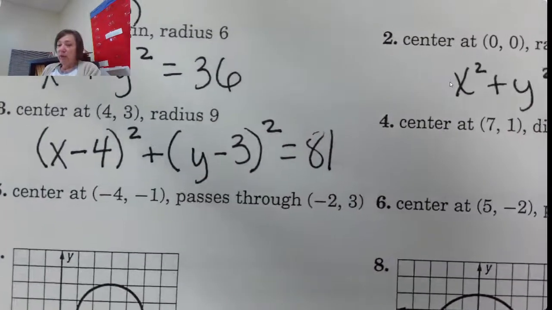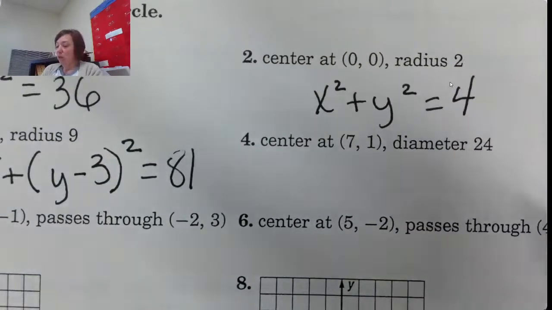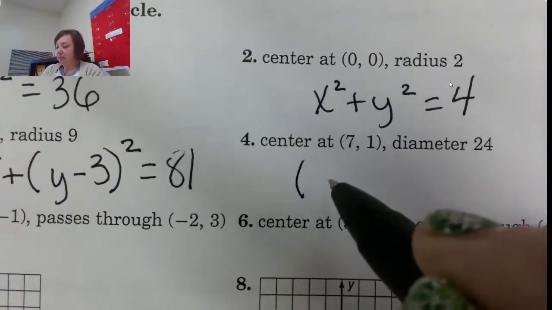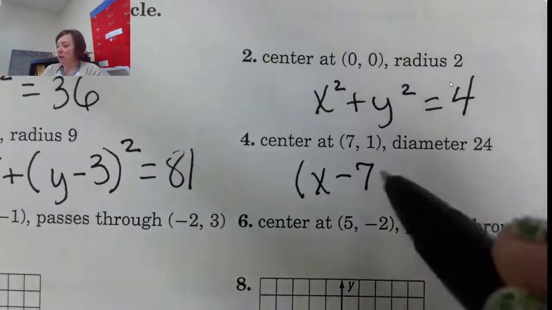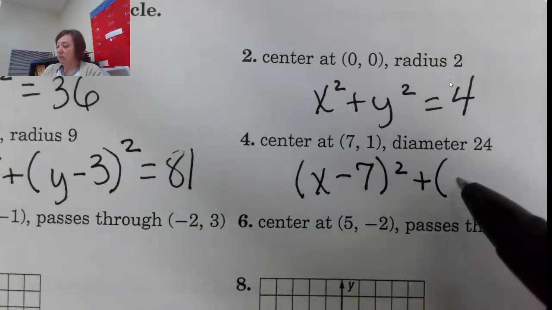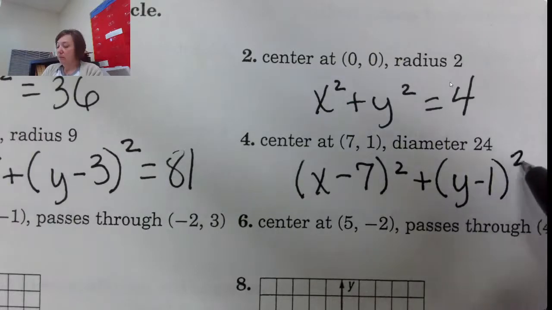If you look at number 4. So number 4, y'all tell me what we should write. X minus 7. Remember your x values first, right? Why is it not 24 squared?